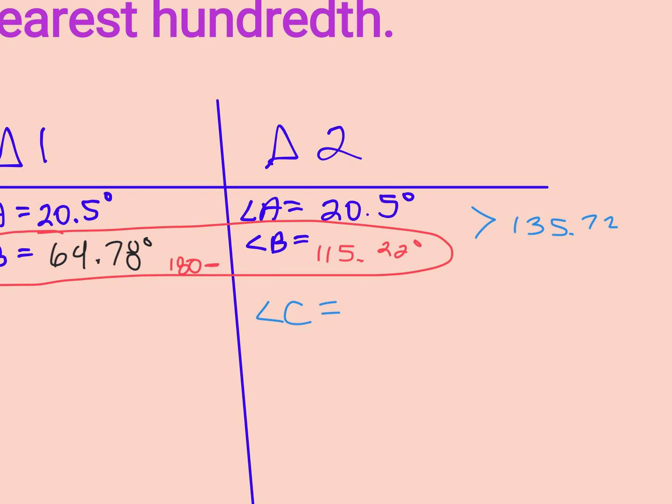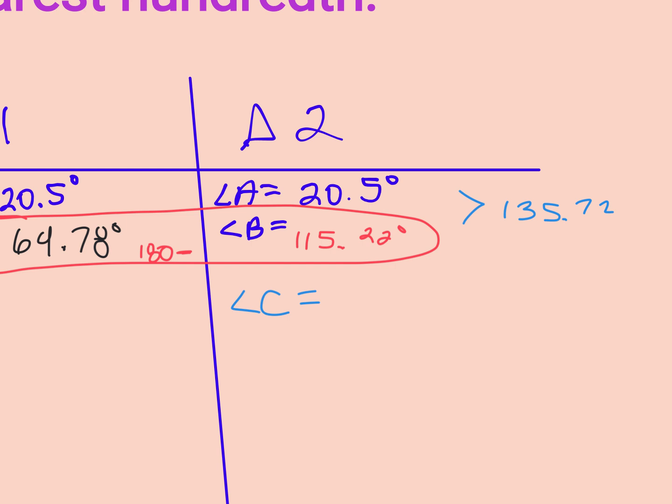So what is angle C in triangle 2? 180 minus 135.72? Or 22, my bad. 180 minus 135.22? How much? What's 180 minus? 44.78.